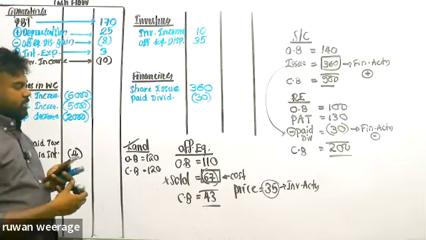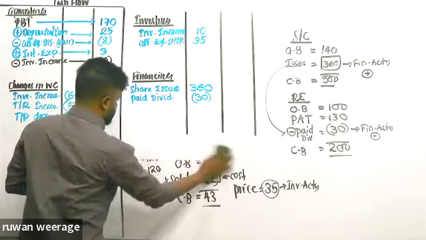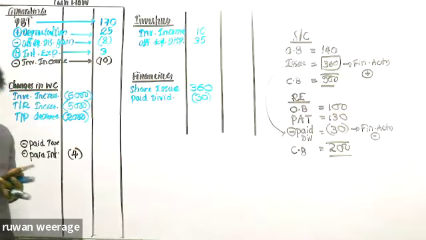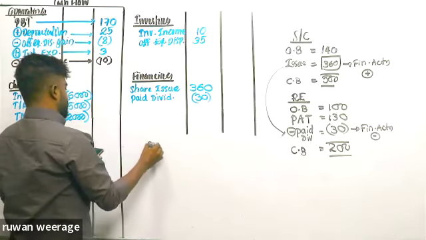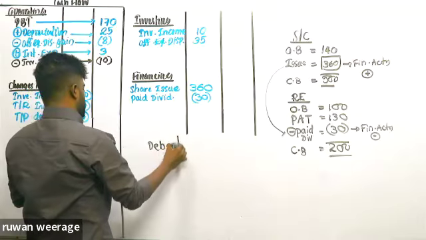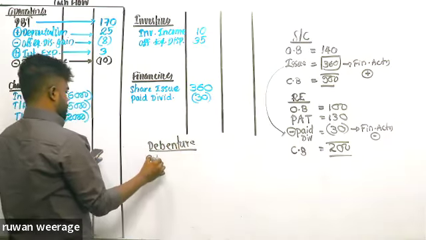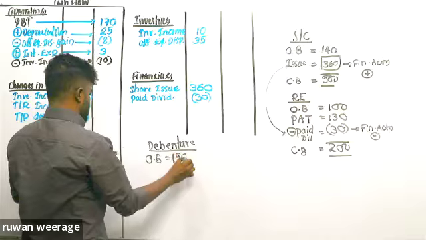Right. Next one, debentures. Look at debentures. Debentures opening balance. Debentures means same as loans. Debenture opening balance 150.